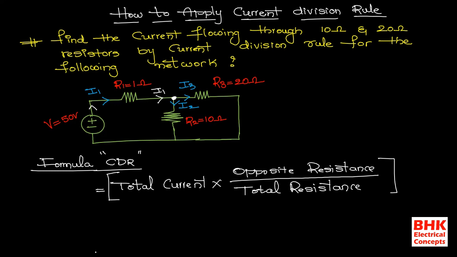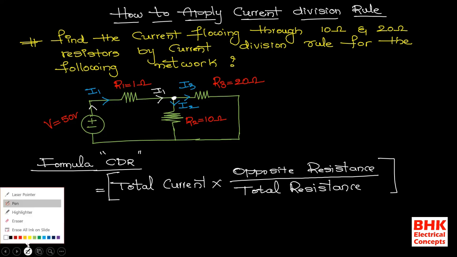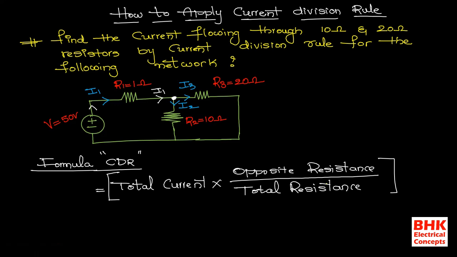Here, the meaning of total current: instead of this total current, which value are we going to take? We always substitute the value of total current, that is how much current is available at this junction point. That is the total current when finding the values of I2 and I3.